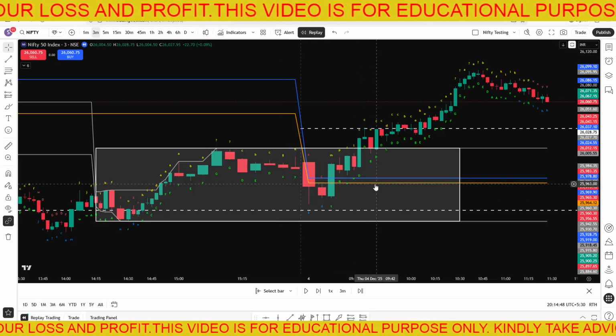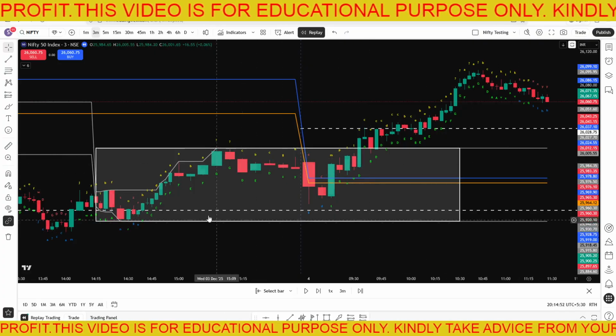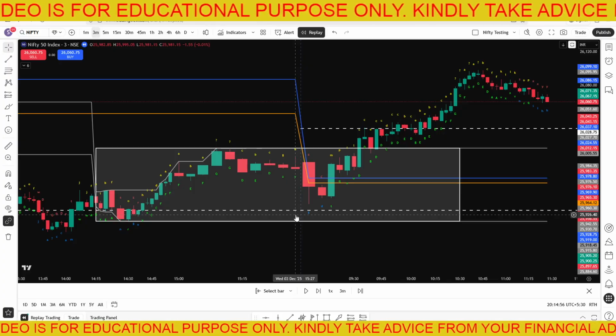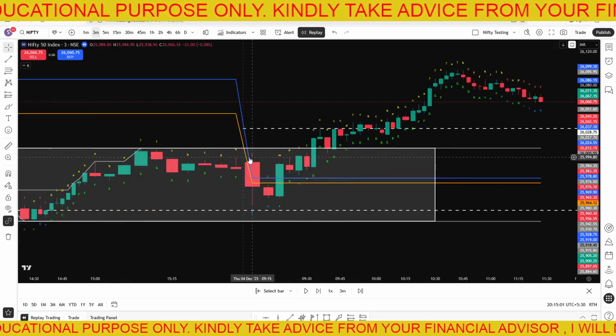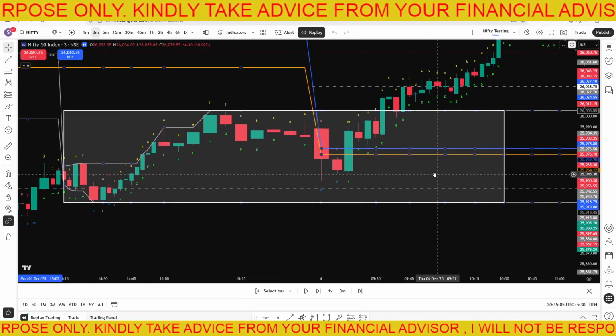Pivot is showing bearish, one-to-one ratio, and within this zone, right? So there is no complete directional view, but the indicator is showing capital Z. That is, we have to go bearish.